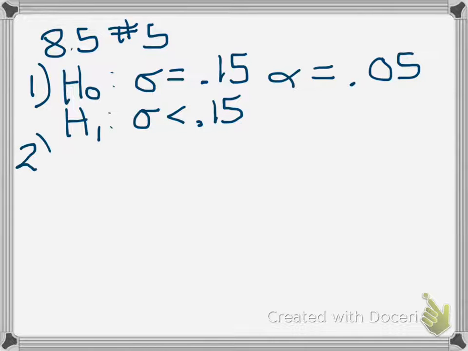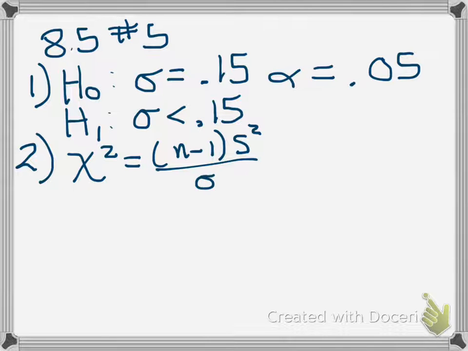Since we are testing standard deviation, step 2 is going to be the chi-square. So chi-square equals n minus 1 times s squared divided by sigma squared. If you look at our problem here, it says a simple random sample of 36 cans.